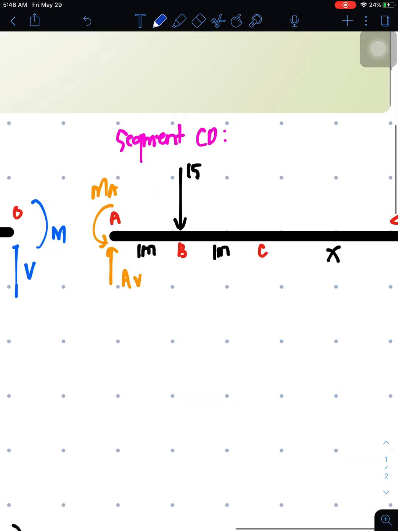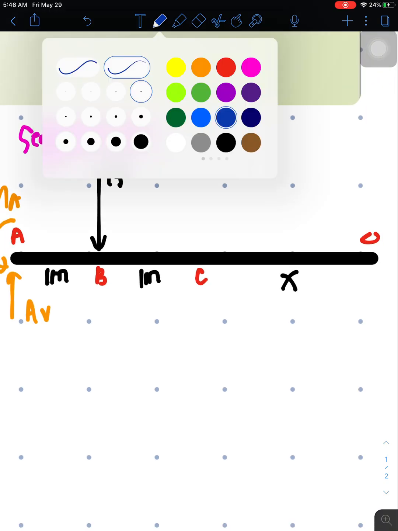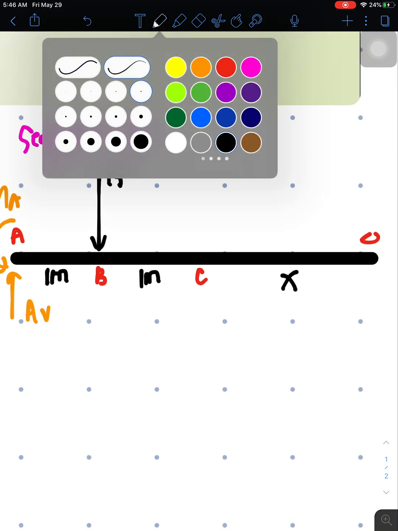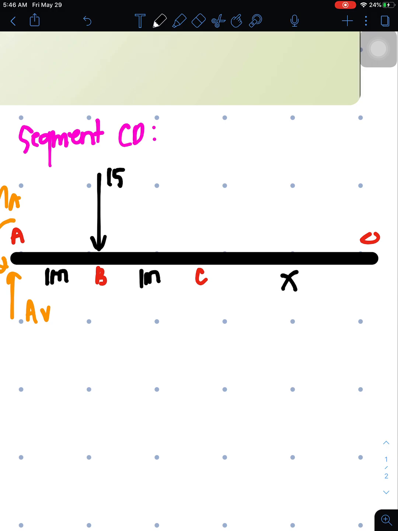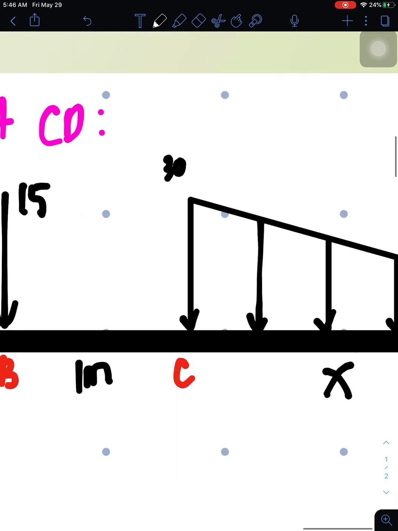So we will draw the trapezoid here. And then okay, so this is now the new loading. Having this one as 30.